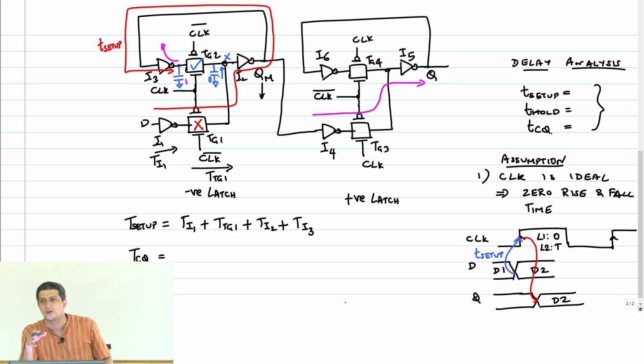Now we don't have to worry about the feedback path, because L2 is transparent. We have nothing to worry about there. I ask you once more, are you sure this is correct? TG2. Yeah.